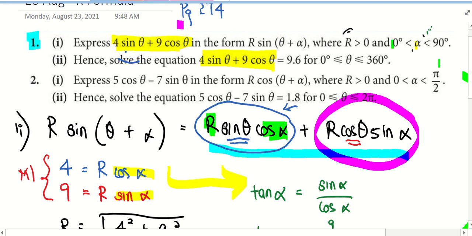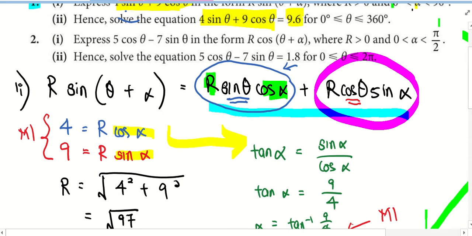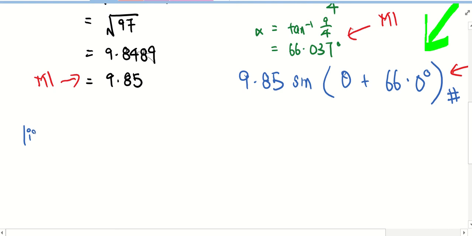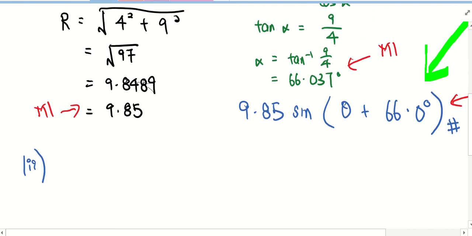And I told you before, hey, if I need to equate to a number, I can't use our original method of dividing by cosine. Correct? So, what you need to do is, let's be smart. Since these two parts look the same, just use the answer that we obtained just now. But don't use the one for 3 SF and 1 decimal place for angle. Use a more accurate one.